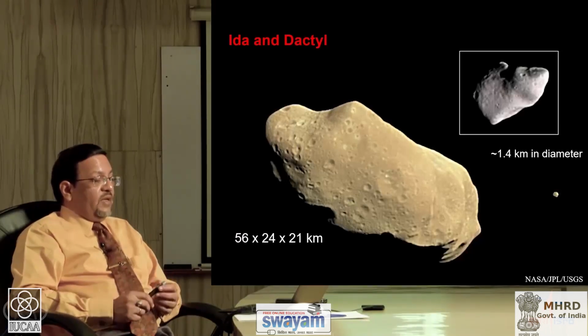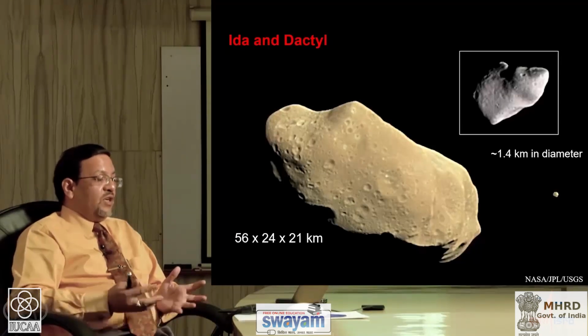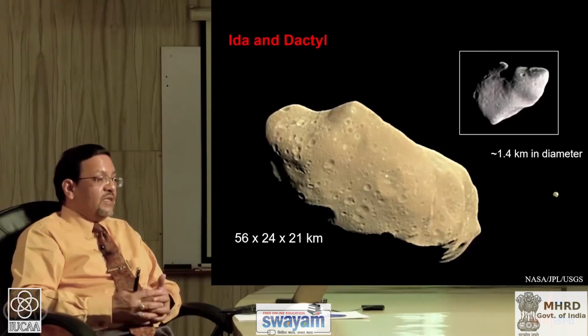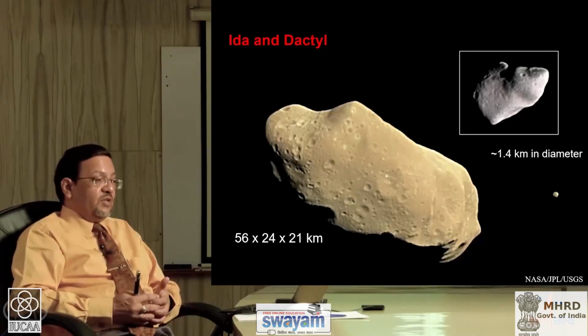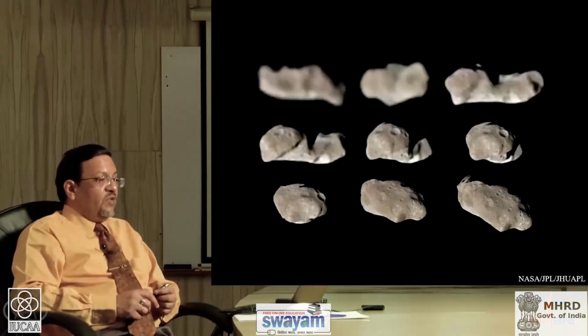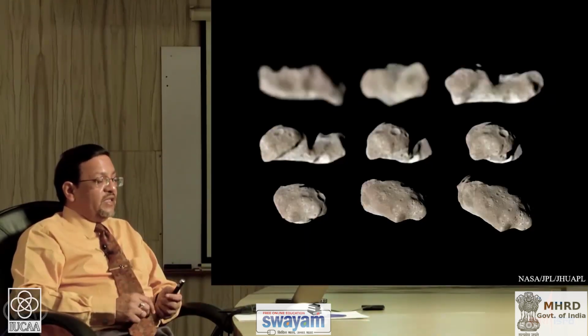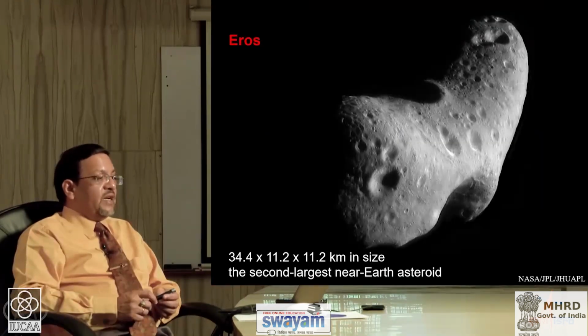Ida itself is a body of about 30 or 40 kilometer in size, but it has its own satellite which is about 1 kilometer in diameter. They can have many varying shapes, you can see over here, and this is actually a photograph of Eros, which is the second largest near Earth asteroid.